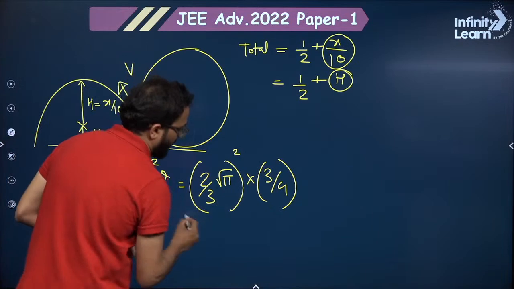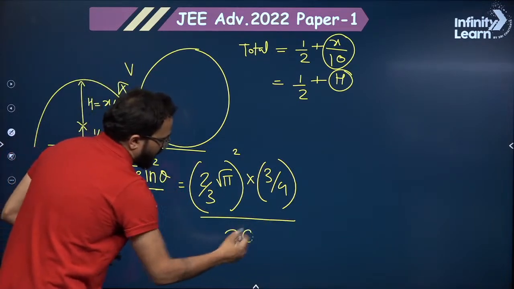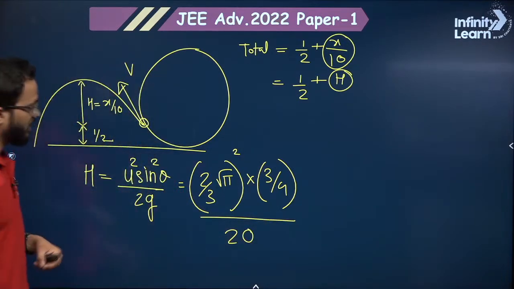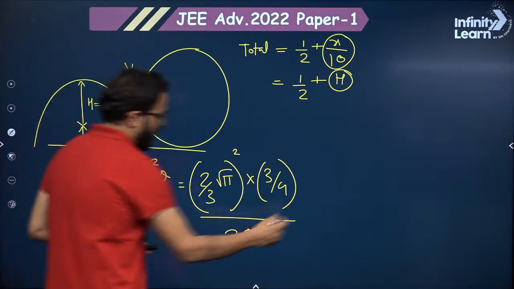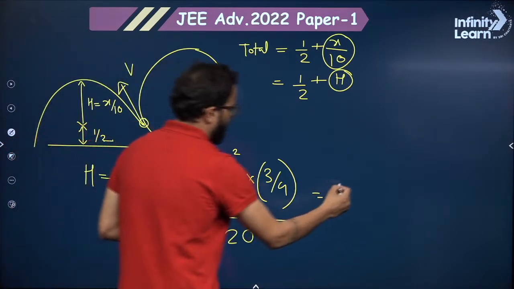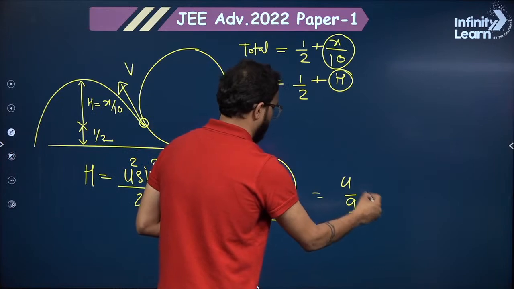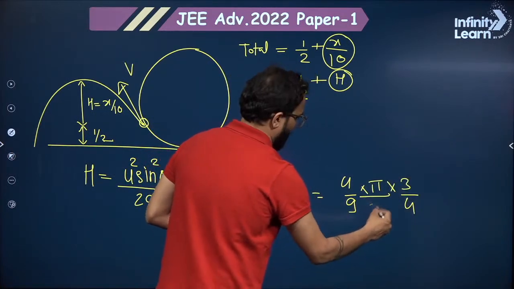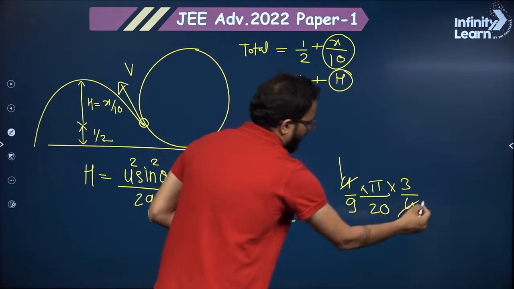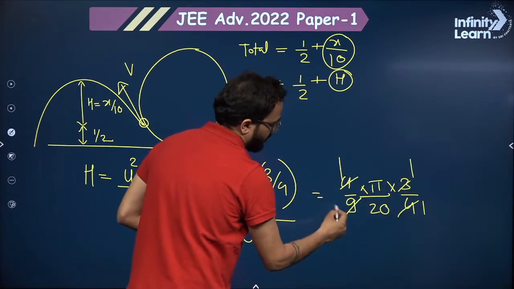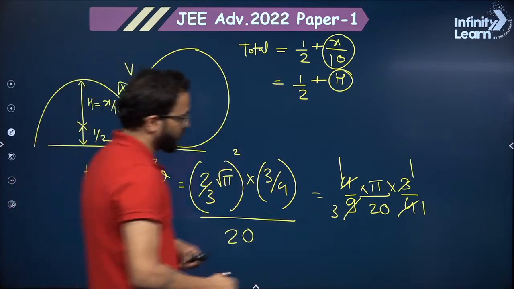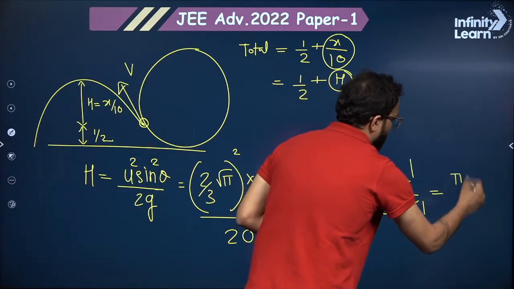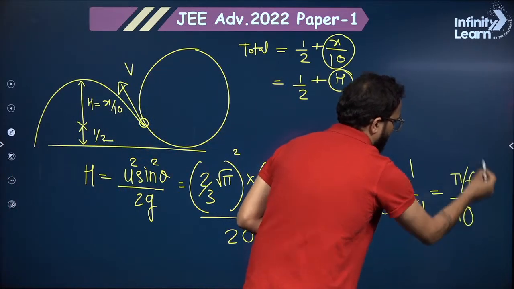Okay, 3/4 upon 20. Let's say 2g is 20. So let's solve it. 4/9 into pi into 3/4 upon 20. 4 gone. Okay, so it is pi by 6 upon 10.